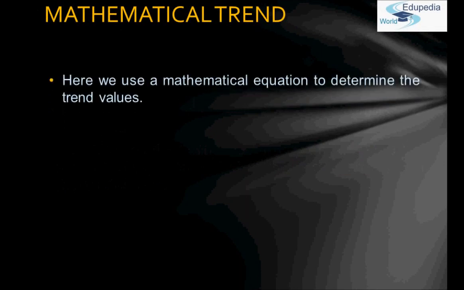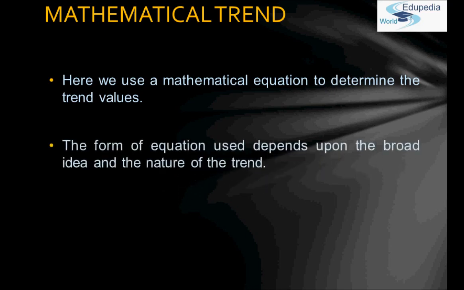Okay, so here we use a mathematical equation to determine the trend value. This mathematical equation could be anything, but since we are dealing with linear trend, we will be using the linear equation, that is the equation of a straight line. Usually the form of the equation depends upon the broad idea and the nature of the trend. As I said, apart from the linear trend, we can also fit non-linear trends of, say, parabolic and exponential type.